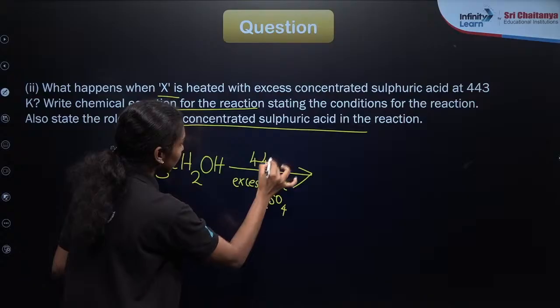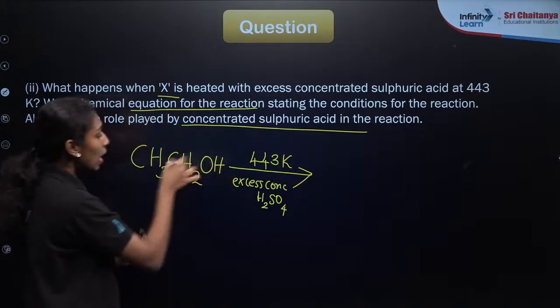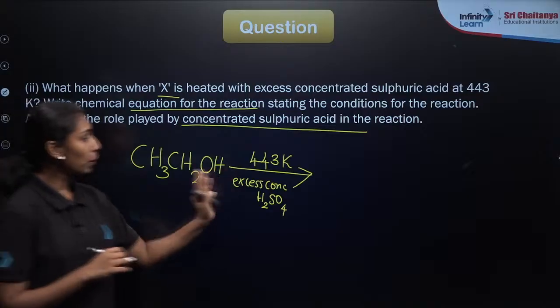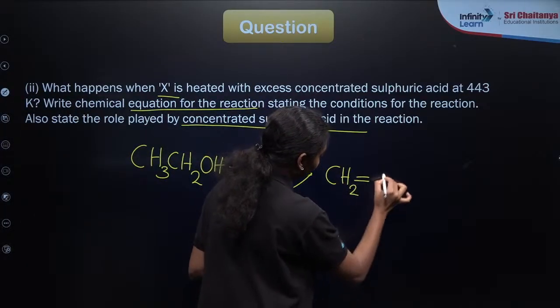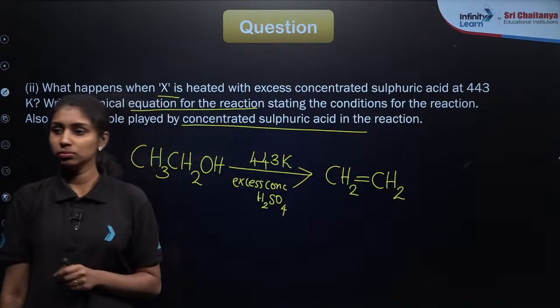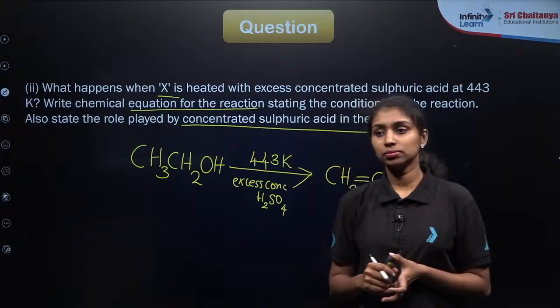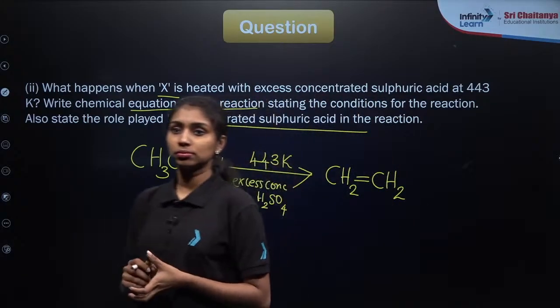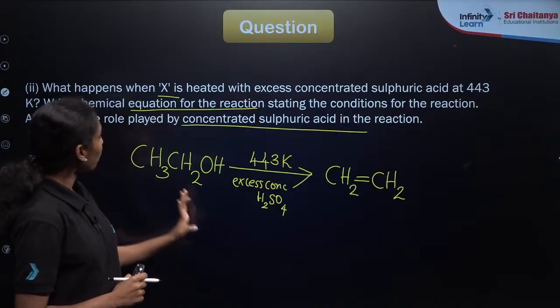So what you are observing here is the dehydration process, which means a water molecule is released from here to form an unsaturated hydrocarbon, especially ethene or an alkene, right? Are you getting my point? So this is the equation for the reaction.